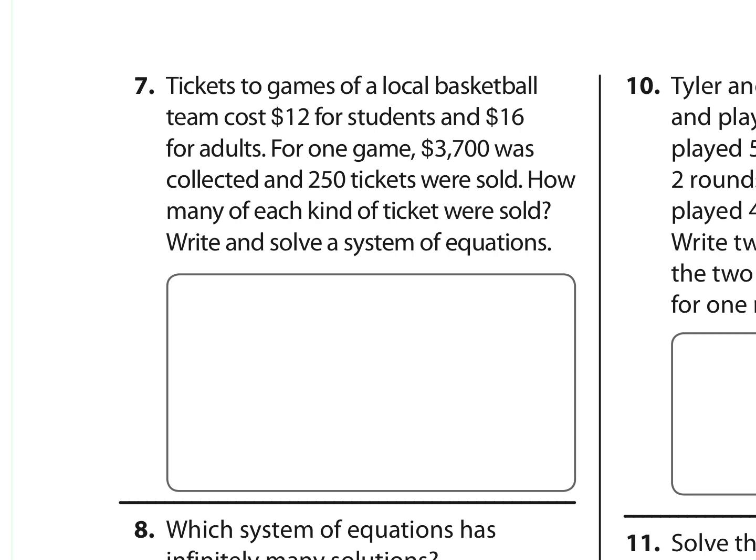So I'm going to start with saying that we're going to let A equal the number of adult tickets and let S equal the number of student tickets. So we have these totals.